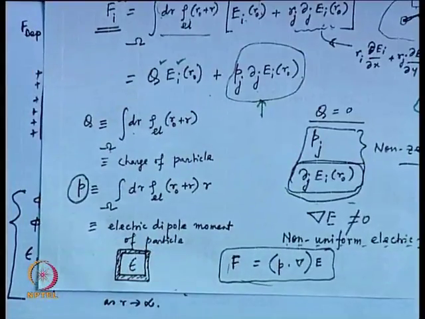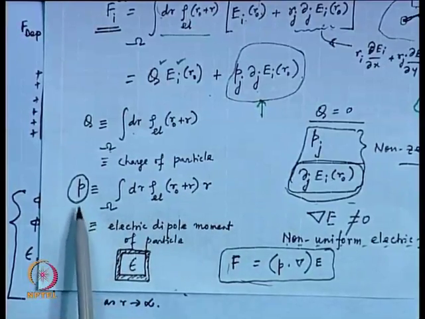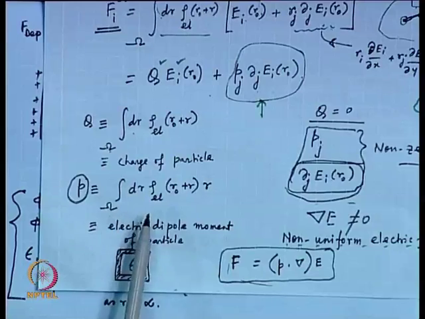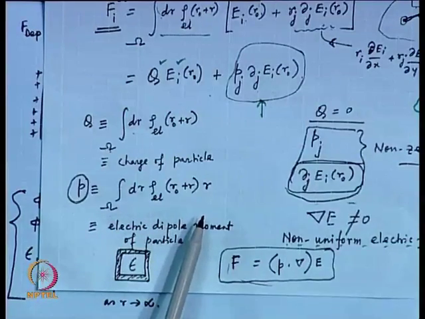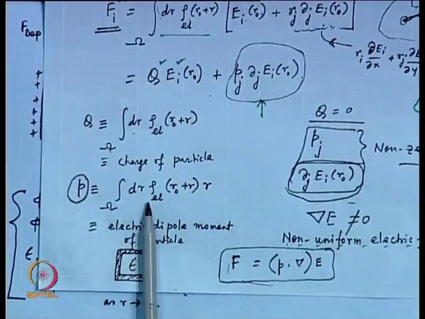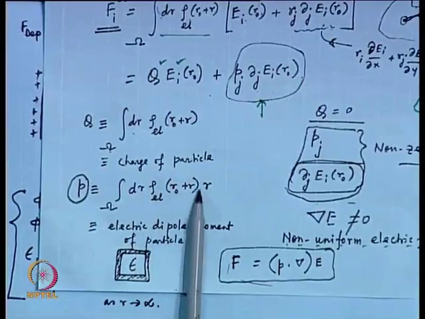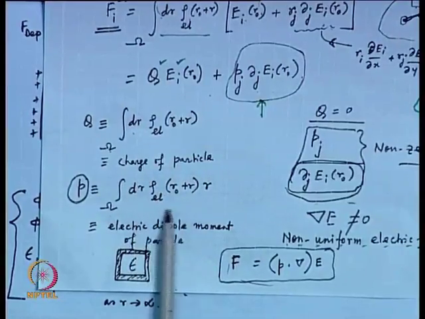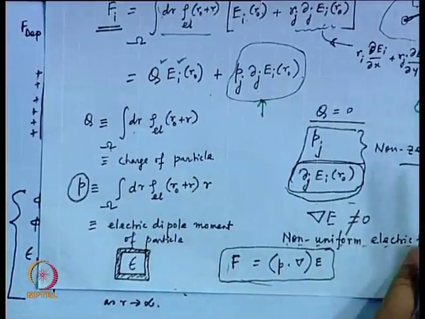I will give the final form here. At least I want you to appreciate what all steps we have gone through. This is the electric dipole moment here, and you know how this rho EL term is related to phi, that we have already discussed in connection with the electric double layer.